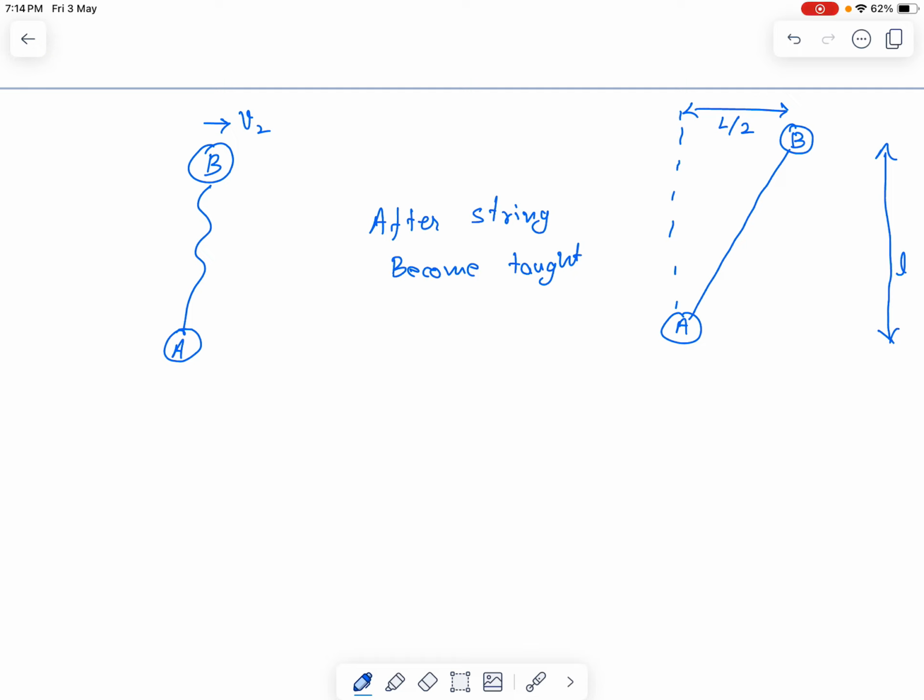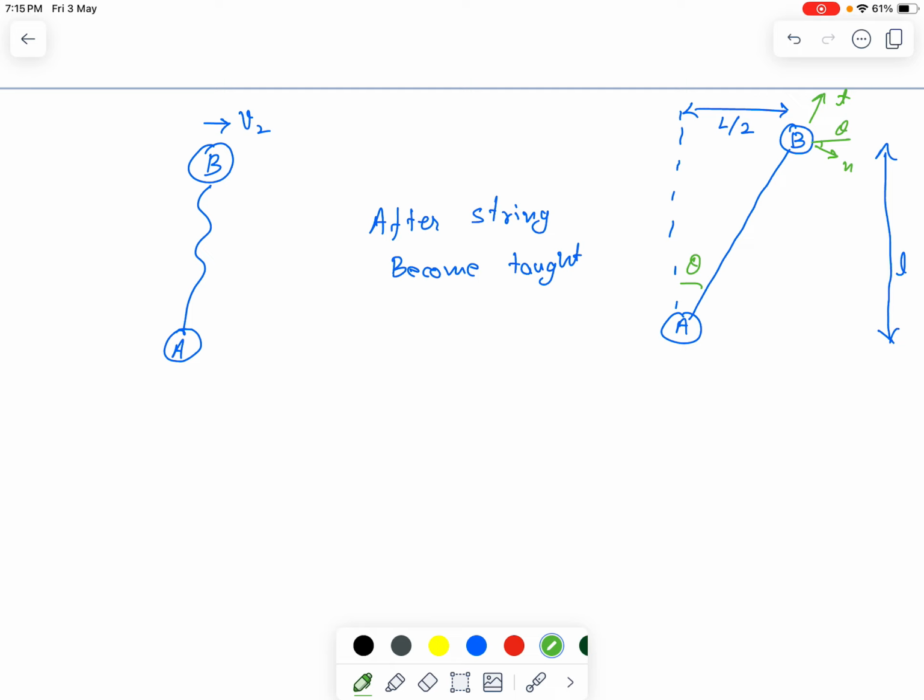For the sake of simplicity, instead of taking x and y directions, let me take this direction as t and this direction as n. If this angle is theta, this angle would also be theta.